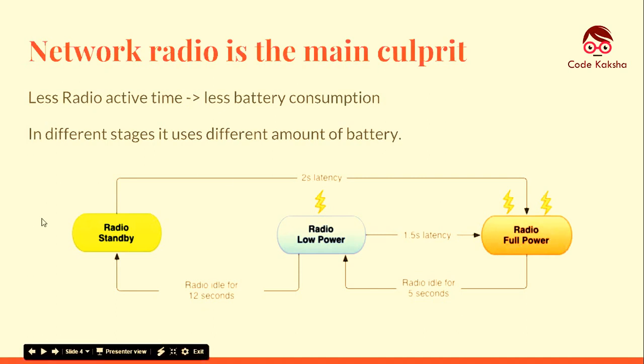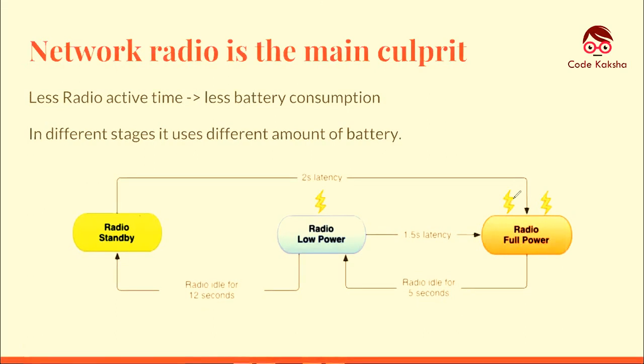To go from here to here, it takes around 2 seconds. This is called network radio latency. And when your network requests are completed here, it will try to go on to the low power mode, and it will take 5 seconds.